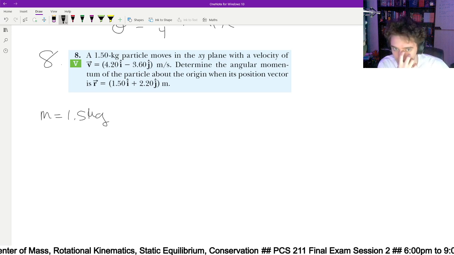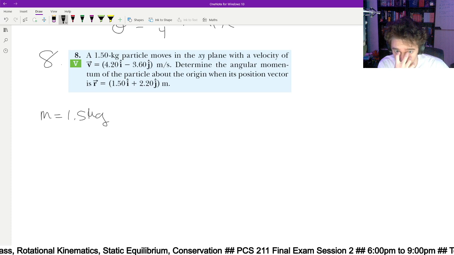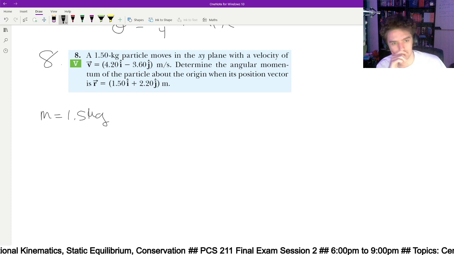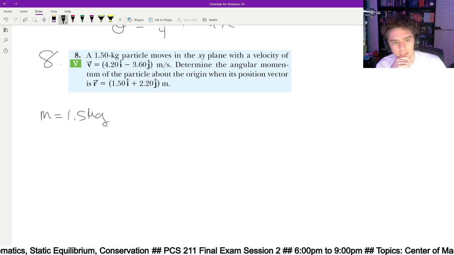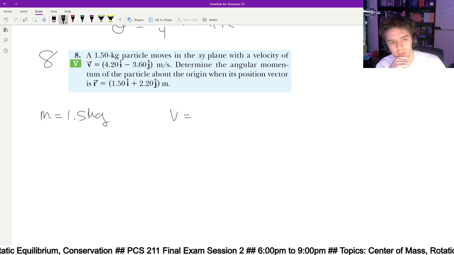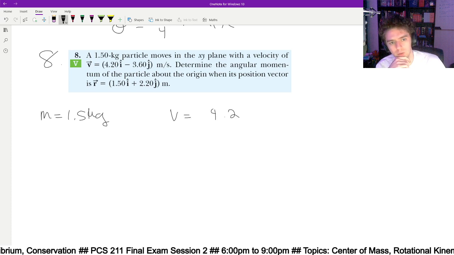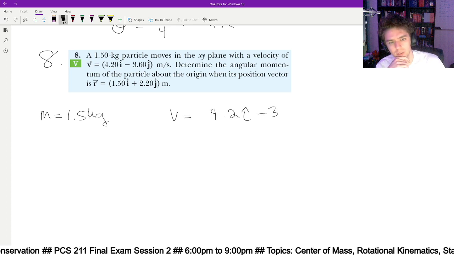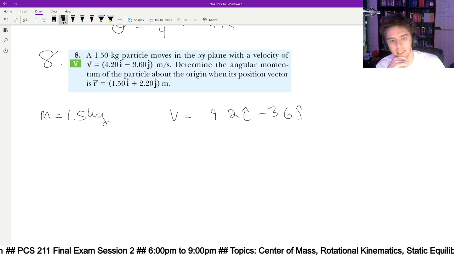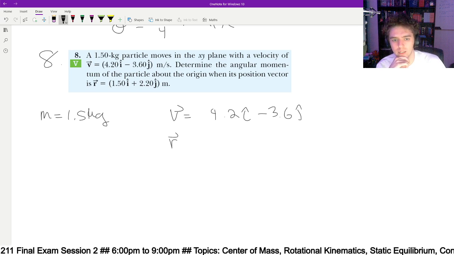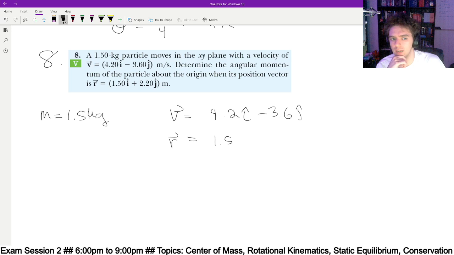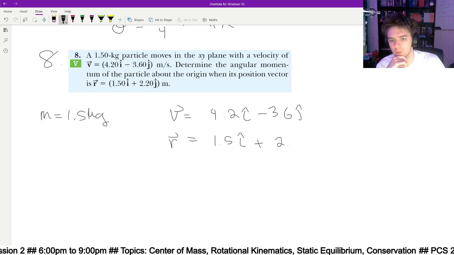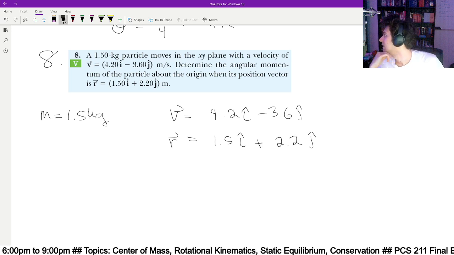So determine the angular momentum of the particle about the origin when its position vector is that. So its velocity equals 4.2 i hat minus 3.6 j hat, its position vector is 1.5 i hat plus 2.2 j hat.